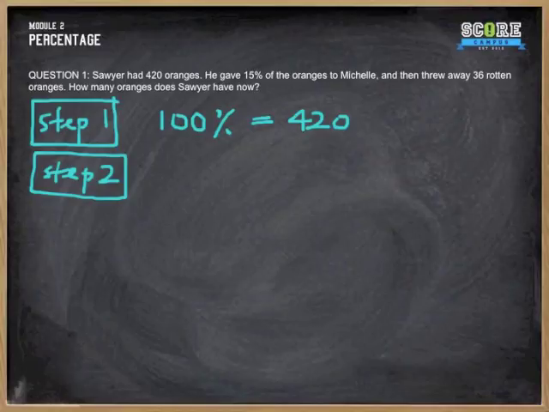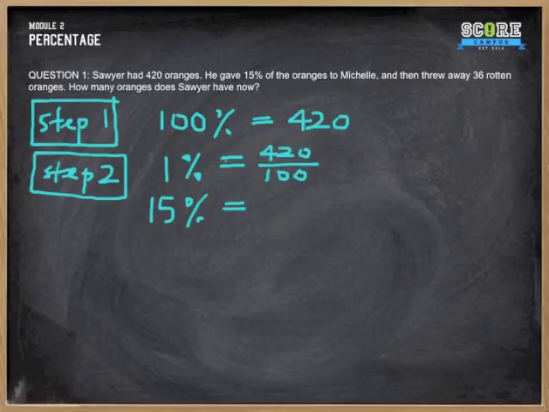If 100% of the oranges is 420, 1% would be 420 over 100. So what is the percentage of oranges given to Michelle? 15%. So 15% of the oranges would be equal to 420 over 100 multiplied by 15.